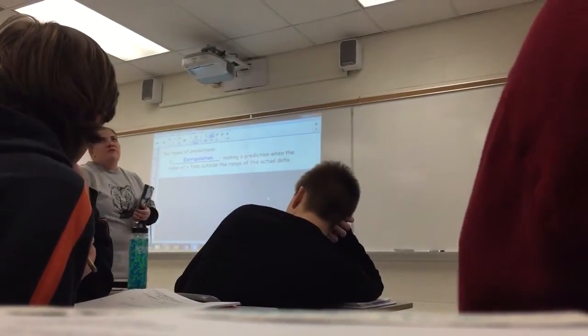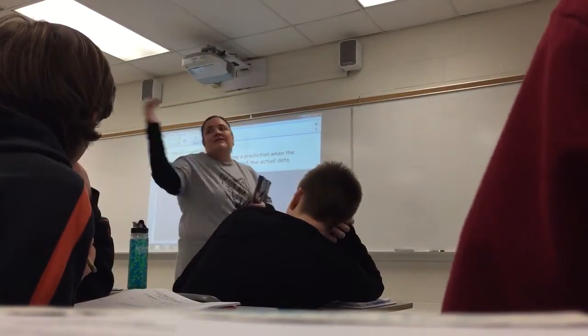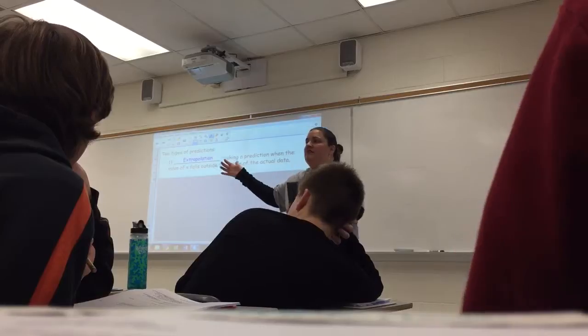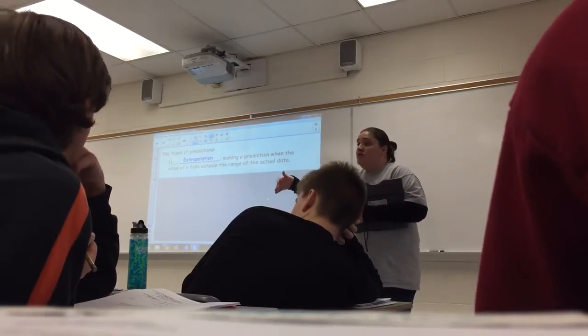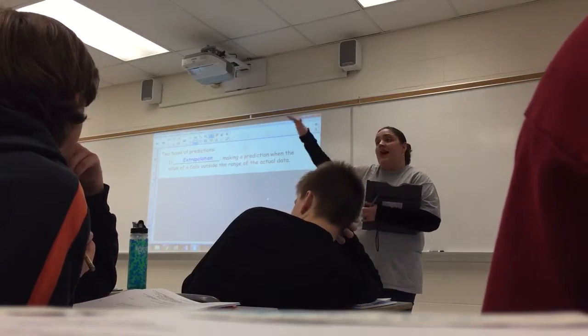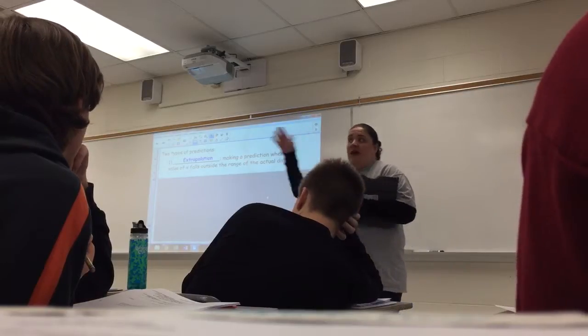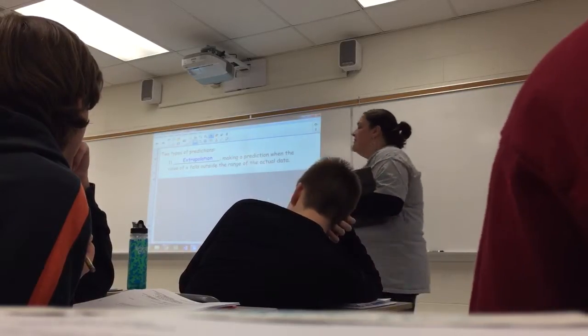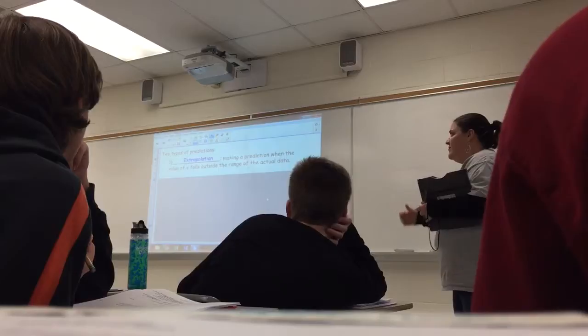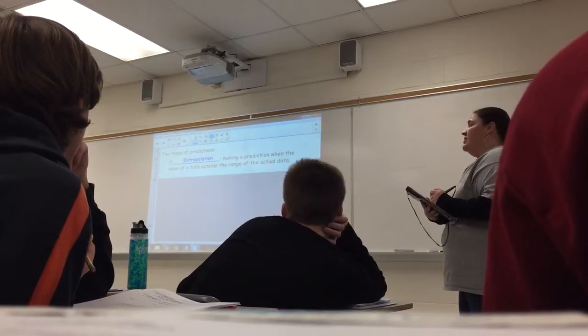Extrapolation would be if I chose somebody outside of the ages of 2 to 7. If I talked about a 16-year-old and tried to use the line I created for ages 2 to 7 to say how tall a 16-year-old would be, that would be extrapolation.